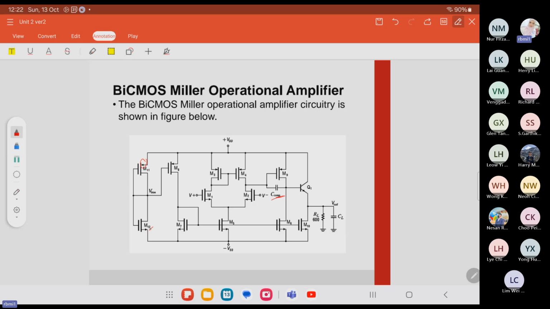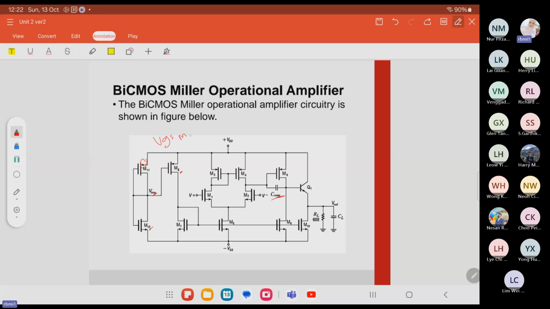They form the voltage divider circuit that provides voltage bias for PMOS M8. This one. Okay, we have the voltage bias. The gate to source voltage of PMOS M8 is equal to Vbias minus VDD. Okay, VGS of M8.